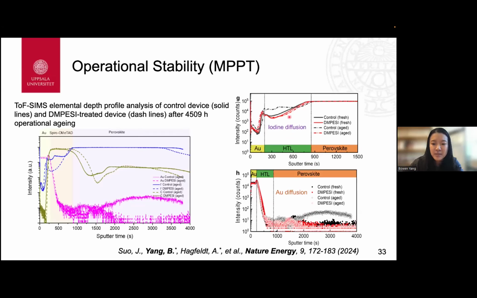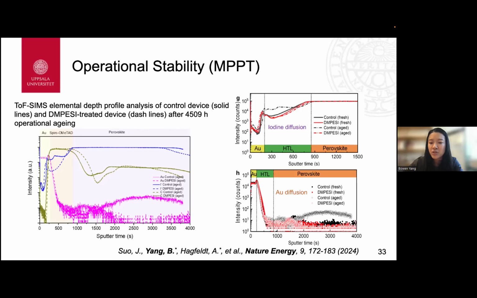However, as expected, for the control cell after aging, the signals of iodide increase in the whole transporting layer, and the signals of gold occur in the perovskite layer. So this provides direct evidence for ion migration within the layers of the reference device. Such severe ion diffusion creates not only trap defects, but it can also create a lot of shunts across the cell.